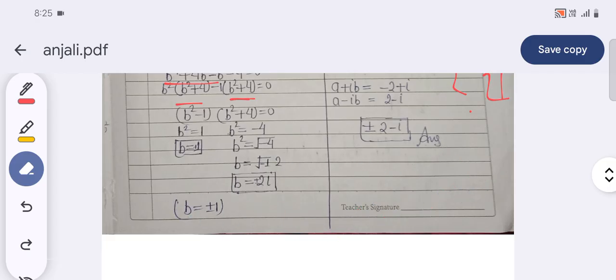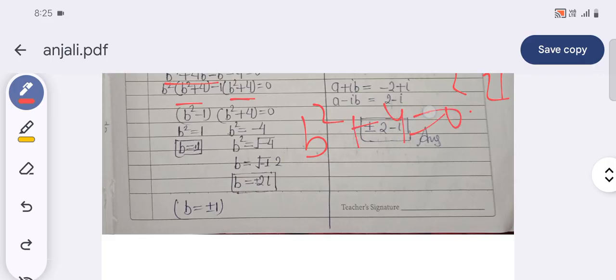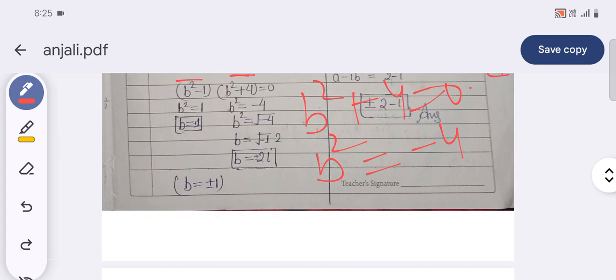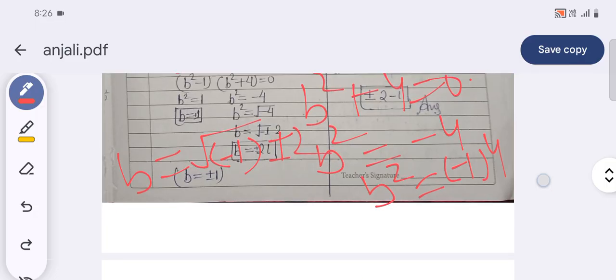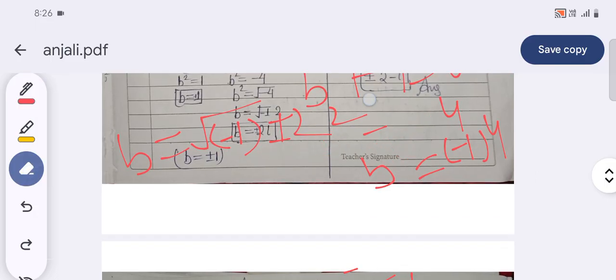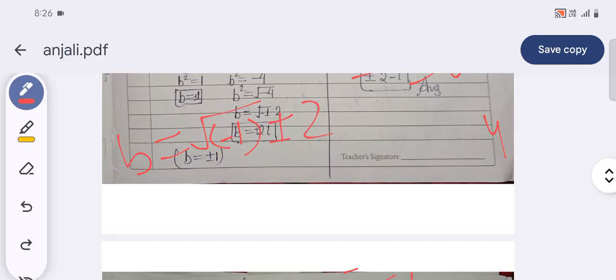And the other is b square plus 4 is equal to 0. Then b square is equal to minus 4. So we can write minus 1 into 4, and b is equal to root of minus 1 times plus minus 2. What is the value of root minus 1?